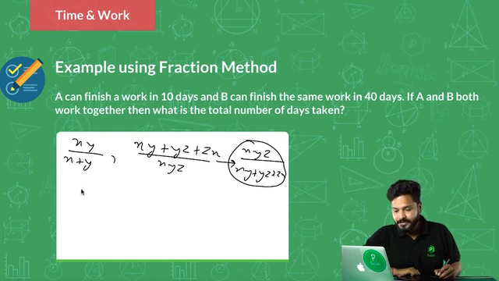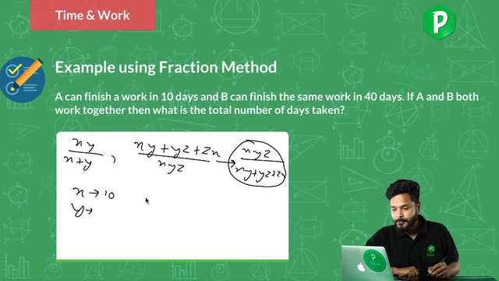Now that we have the formula, what is X given in the question? X is 10, A needs 10 days to complete the work. What is Y given in the question? Y is 40. And I need to find the days needed by both when they work together.